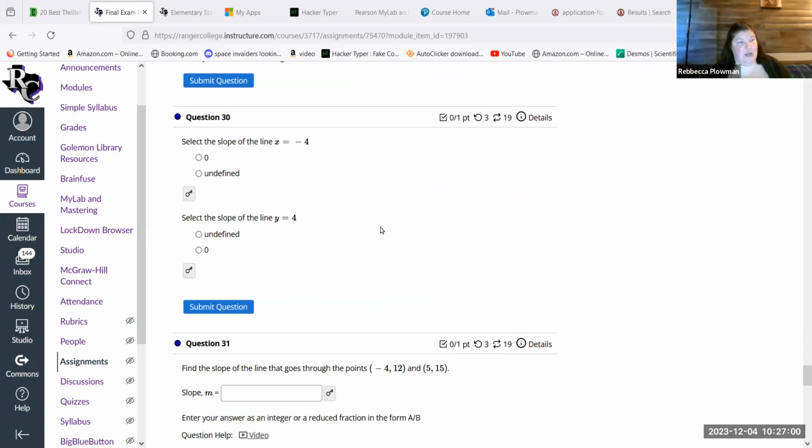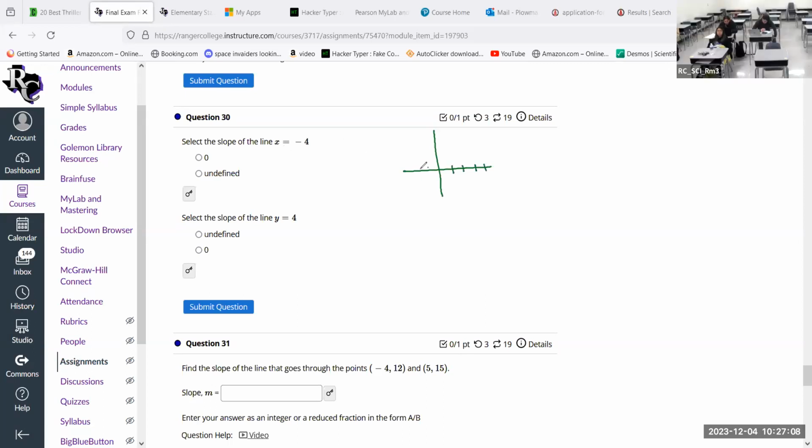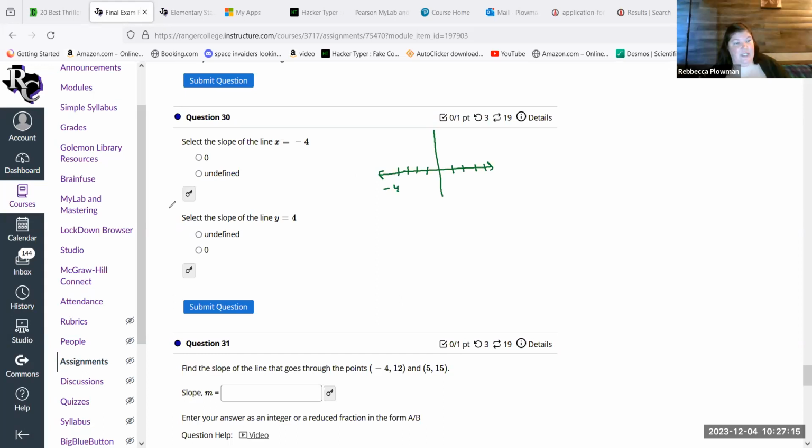We also had talked about horizontal and vertical lines. So this is the line x equals negative 4. It's going to be a line that passes through negative 4, because what we want to make sure is that I pick any point.